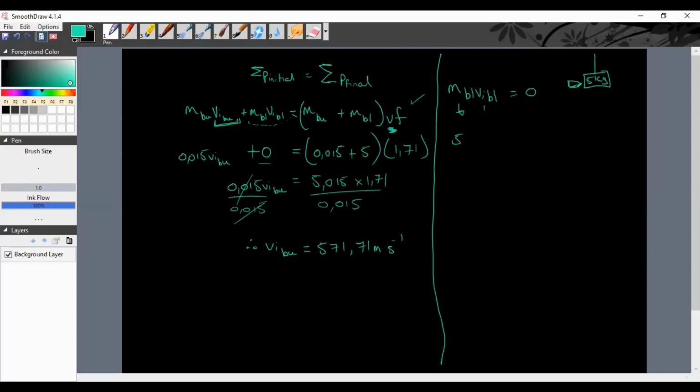So if VI of the block is equal to 0, 5 times 0 equals 0. Hence why I just made everything 0. Instead of doing the whole 5 times 0 equals 0, I just made everything 0 because I knew that there was no velocity of the block when it was hanging from the cord before the bullet struck it, because that's what we're calculating, the velocity before.